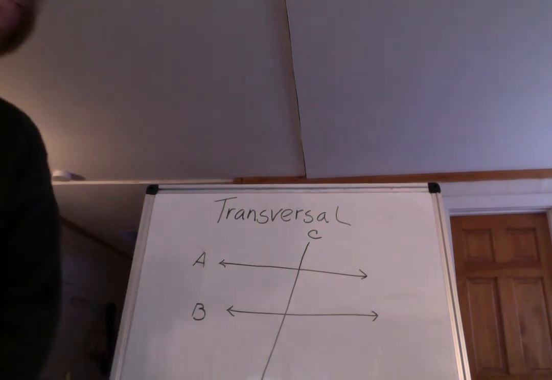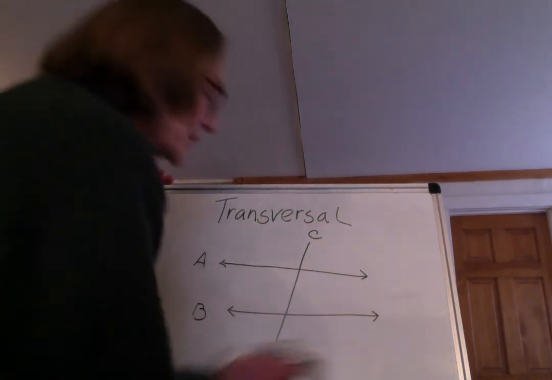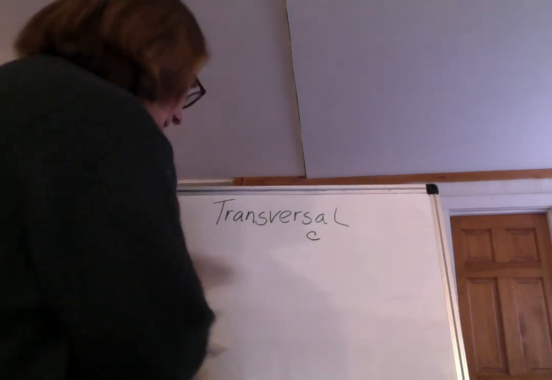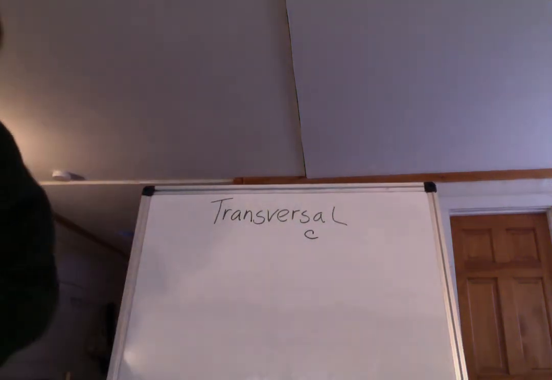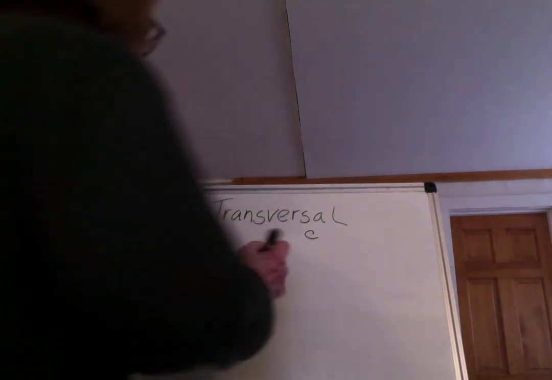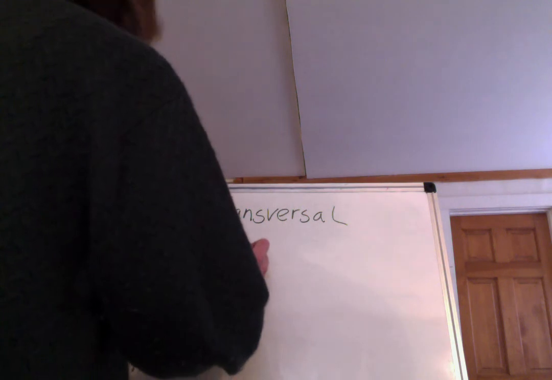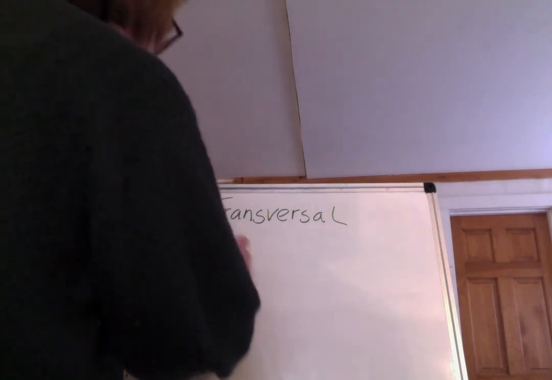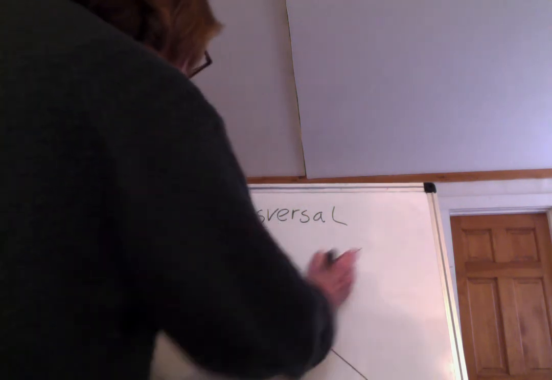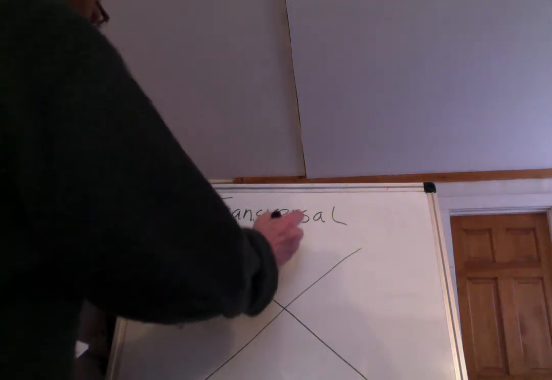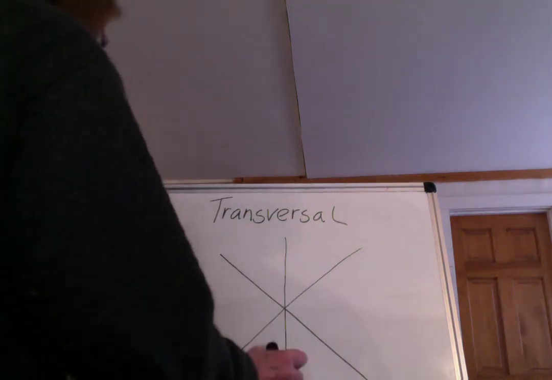Here's another example of a transversal. You'll be asked this a lot in your homework. What is a transversal? You just have to focus and look at it. Let's see. We have these lines. They cross each other. And then I have one right down the middle like that.